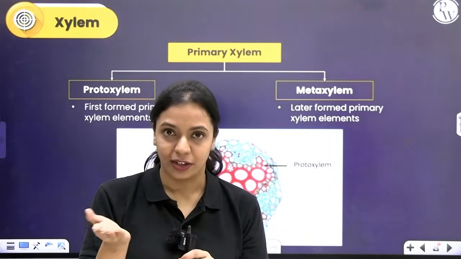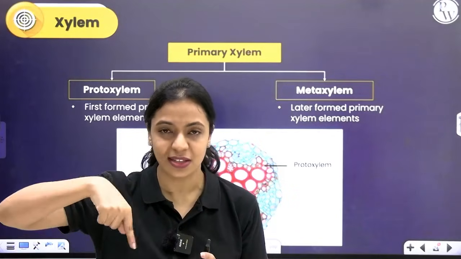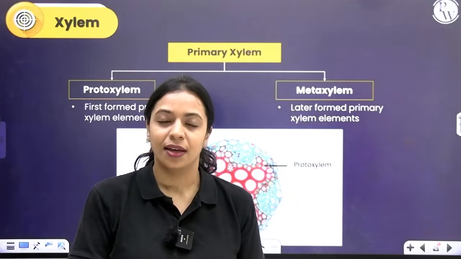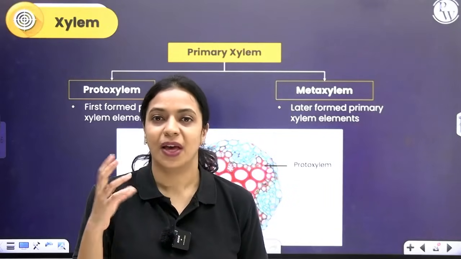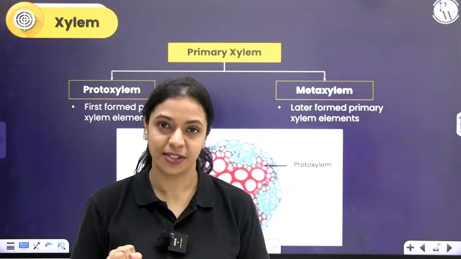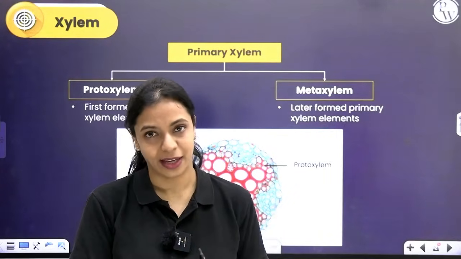If you take a section transversely and look at it under the microscope, all of those vessels, since they are cylindrical, will appear circular in outline. If you look at the xylem vessels that are formed initially, their diameter will be small. The later formed xylem elements will have a wider diameter or lumen.